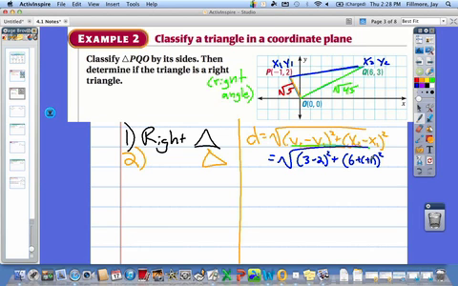And this is really the same as 6 plus 1 because when you subtract a negative, it's the same as adding a positive. 3 minus 2 is 1 to the second, and 6 plus 1 is 7 to the second. If I simplify this, it's 1 plus 49, which is the square root of 50.